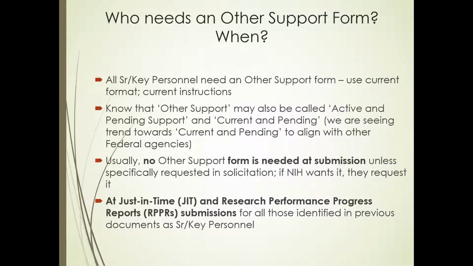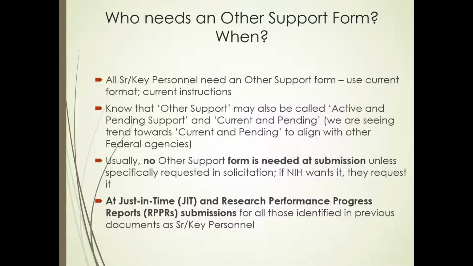The other support form, those are also for all senior and key personnel. You are required to use current formats and instructions. They may call it active and pending support or current and pending. We're seeing more of the specific solicitations are starting to call it current and pending, and that's to kind of align it with other federal agencies like NSF in what they're calling it.